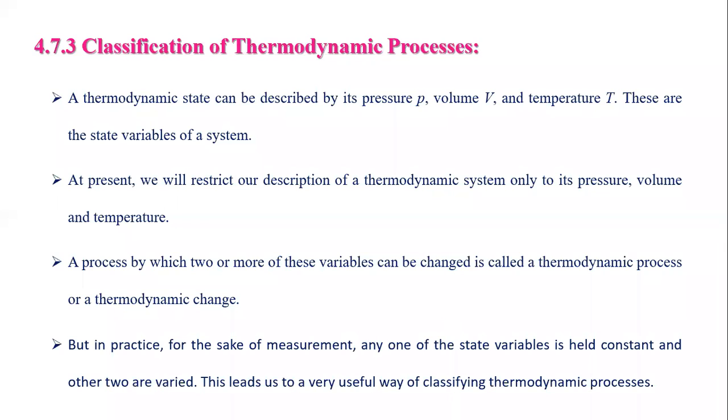But in practice, for the sake of measurement, any one of the state variables is held constant and the other two are varied. This leads us to a very useful way of classifying thermodynamic process.